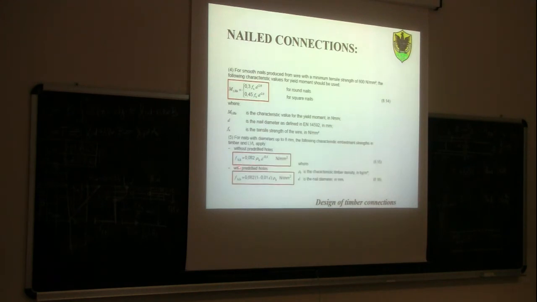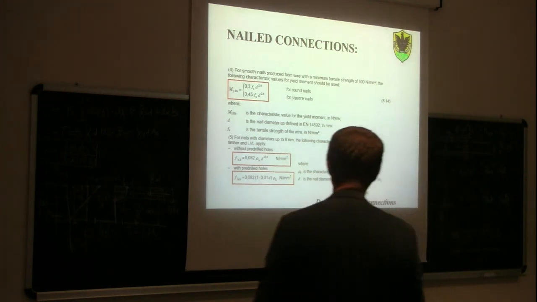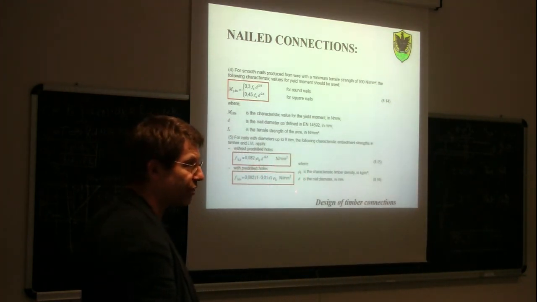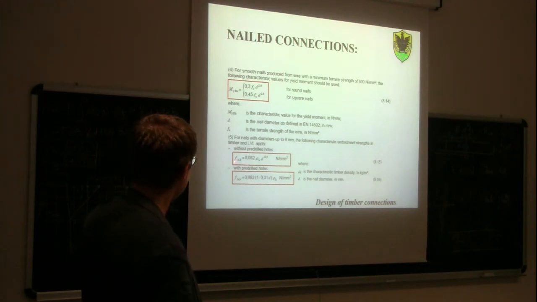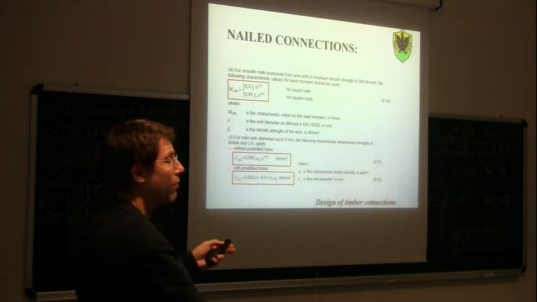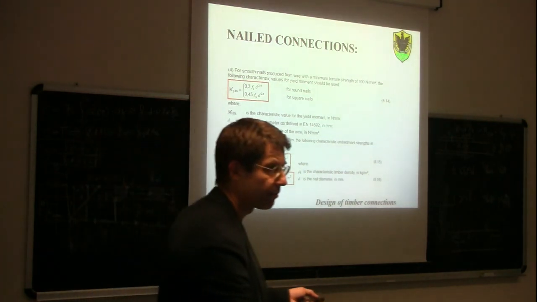Now, another quantity that we need is the embedding strength. Embedding strength, you remember, is needed again in this Johansen equation. Now, for the embedding strength, we have again a semi-empirical formulation. You see, embedding strength of a nail without a pre-drilled hole is a number times characteristic density of wood times the diameter to the power of minus 0.3.